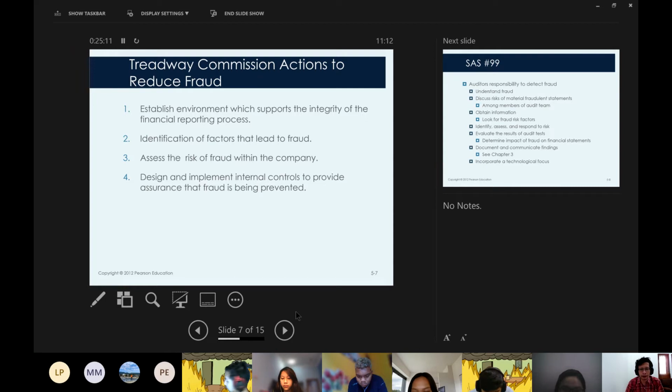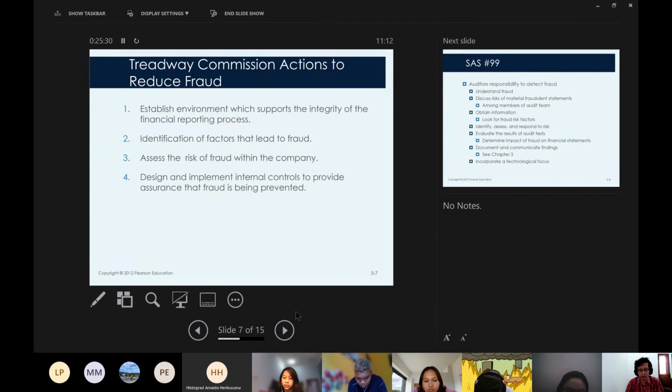It was the biggest accounting firm in the world. PricewaterhouseCoopers doesn't even come close. But you never hear of Andersen anymore. Why? Because Andersen was involved in the fraud that happened in Enron.